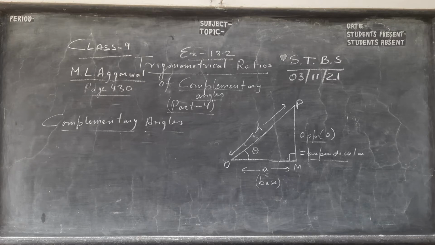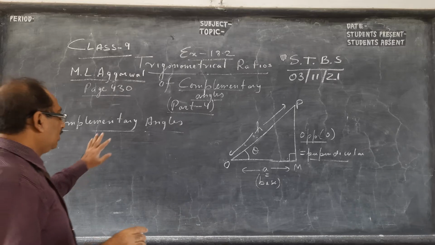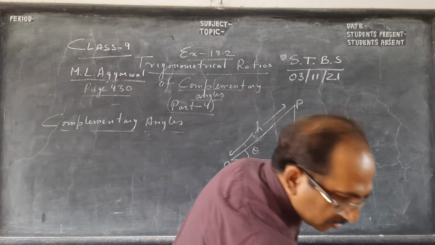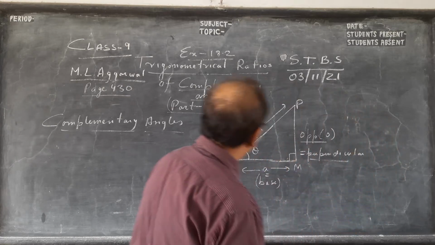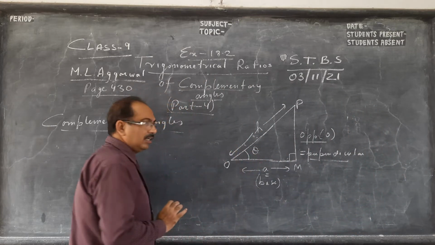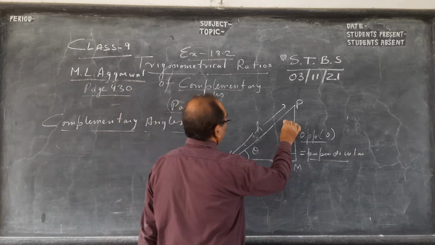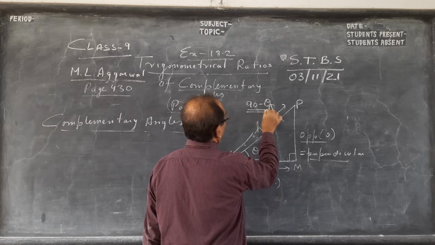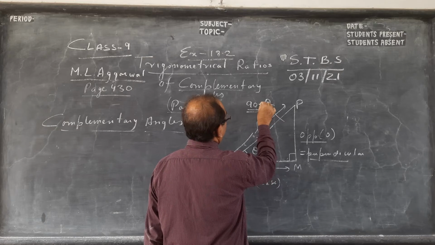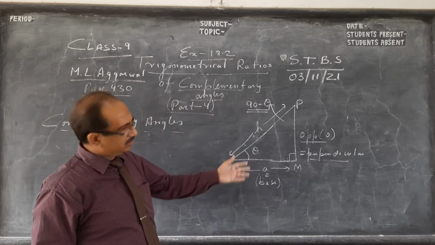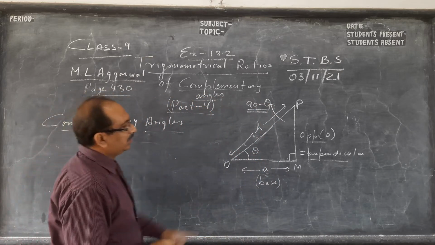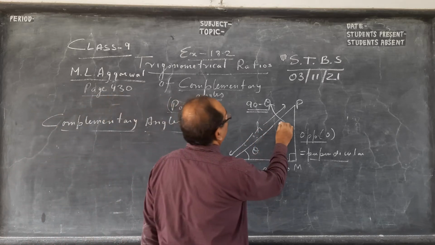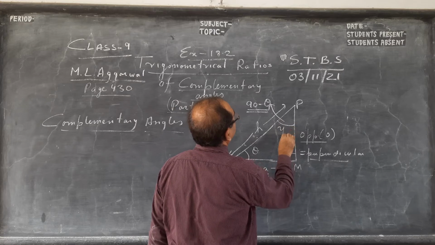So now, boys, we see this with reference to a right angle triangle. Okay, so what we see, if this angle is theta, I'll show you this angle is 90 minus theta. See how? If this angle is theta or x, some books use, so this angle, very simple thing, let it be y.